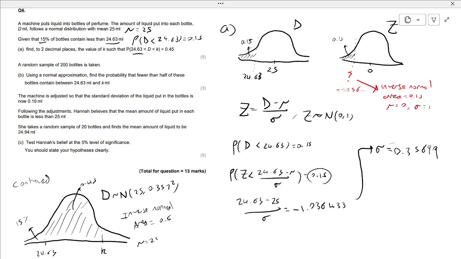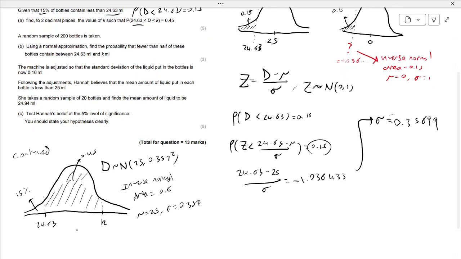Here, mu and sigma, this is the original distribution D. So they're going to be as we had in the question, as we just calculated. That tells me that k will equal... I'm just going to edit what I had in my calculator. So I need to put the area 0.6, and mu and sigma as many decimal places as possible until the final answer.